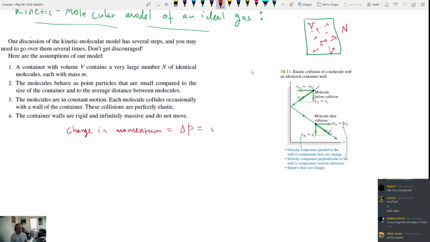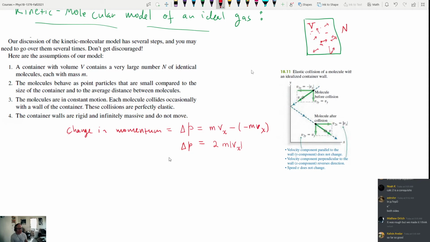In this case, this would be equal to final momentum, which is m times vx, minus initial momentum, which is negative m vx. Okay. So we end up getting positive 2 times m times vx. And this is the absolute value, so I guess I should write it like that just to be clear.